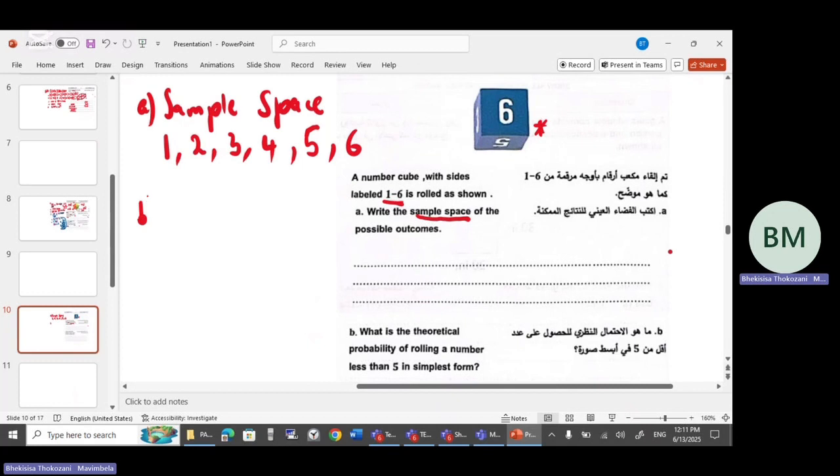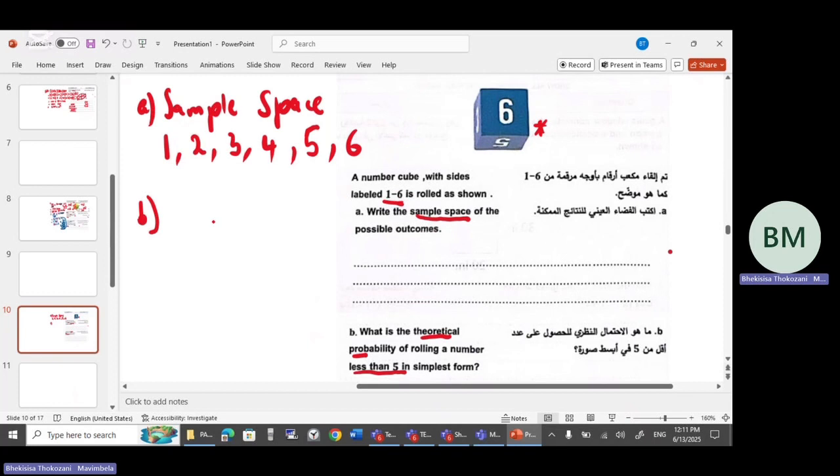Let's look at B. Now, with B, it says, what is the theoretical probability of rolling a number less than 5? All right. Firstly, they are still talking about the very same dice or same number cube.